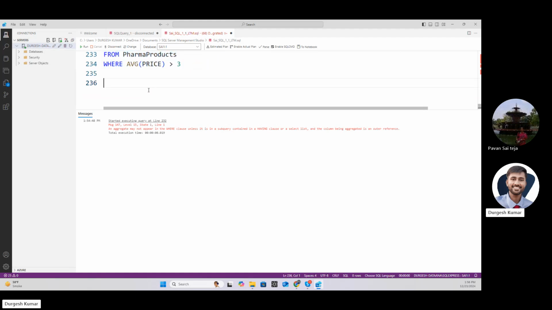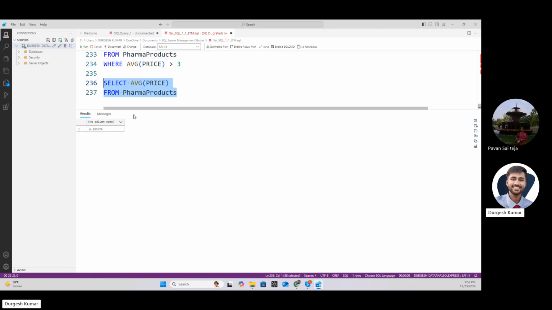Okay. Let me answer your query. So average is a function. You are right. But as you know, SELECT's job is to fetch something and print, right? So your aggregation, finding columns from the table, is only possible in a SELECT clause.